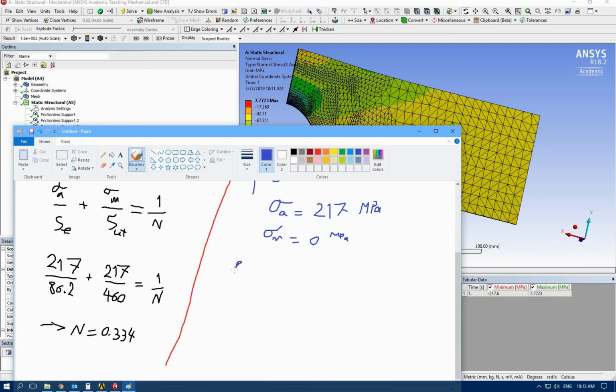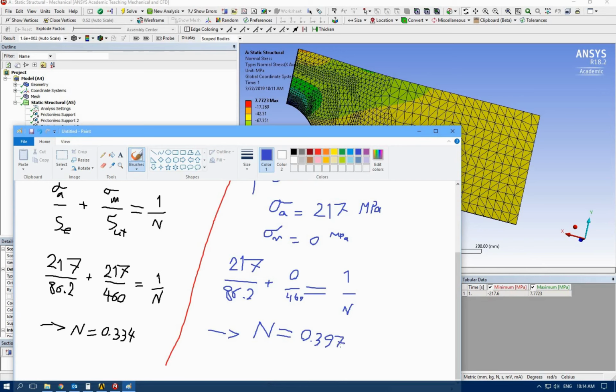Now let's use Goodman's line formula. Alternating stress, 217, divided by endurance limit 86.2, plus this one is 0 and 460, is going to be equal to 1 over n, and n based on this calculation is going to be 0.397.